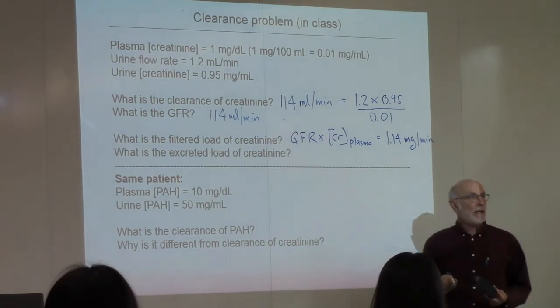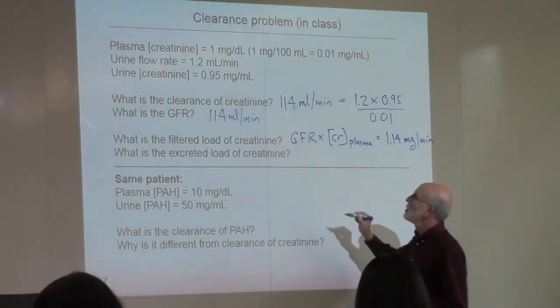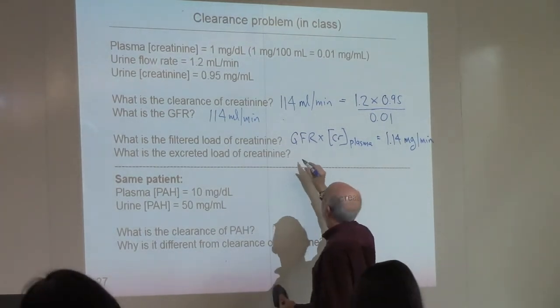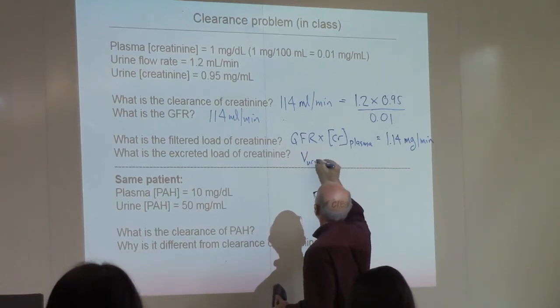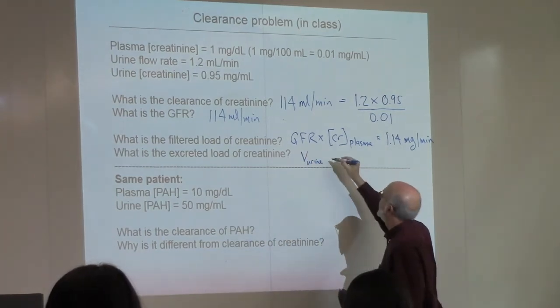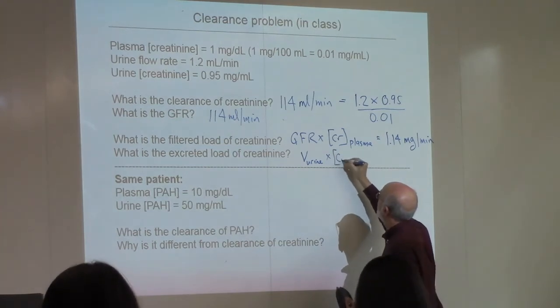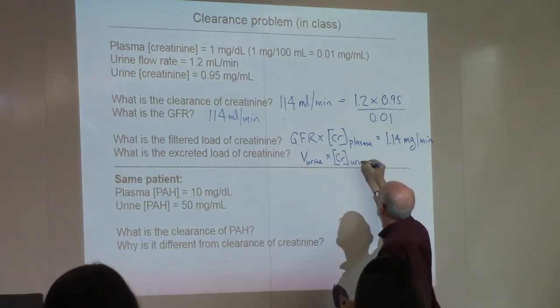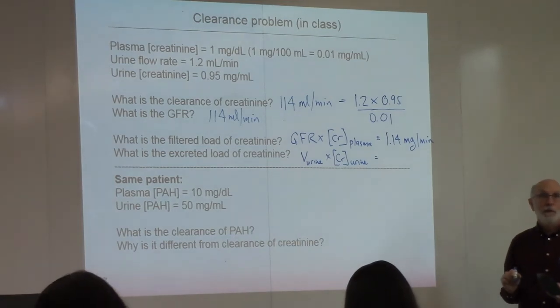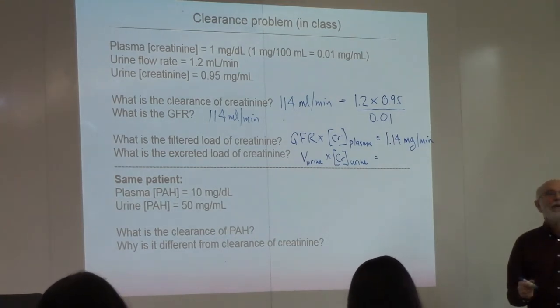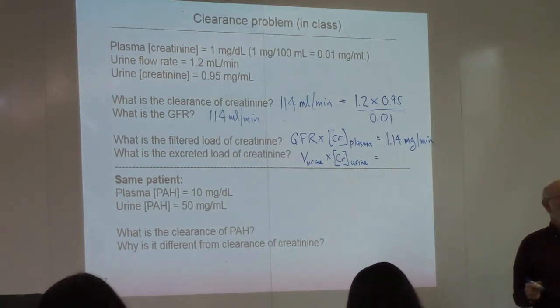And what is the excreted load of creatinine? Remember the formula is the rate of flow of urine times the concentration of creatinine in urine. Now, you can calculate it, or you can realize, wait a second, we're talking about creatinine. It's a special case.